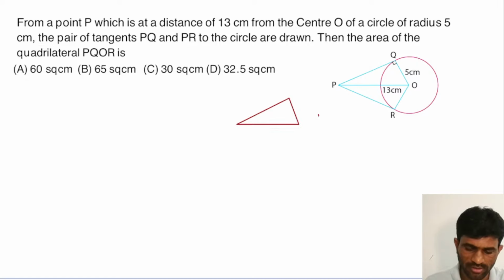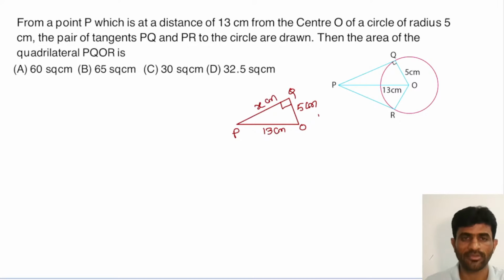Here this is Q, this is O, this is P, and here we have 90 degrees. We know this is 5 centimeters, this is 13 centimeters. Then find the length of PQ first. Let us take that as x centimeters. Then we have to use the Pythagoras theorem to find out PQ.